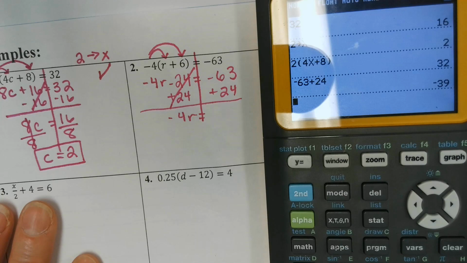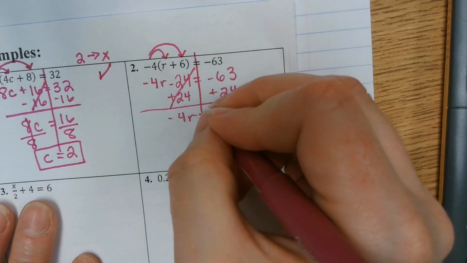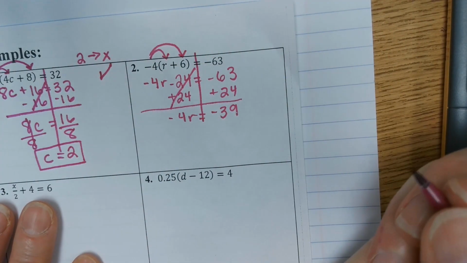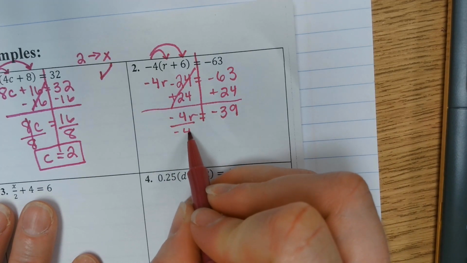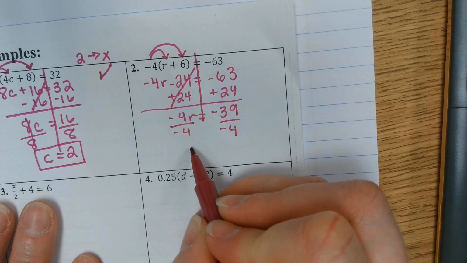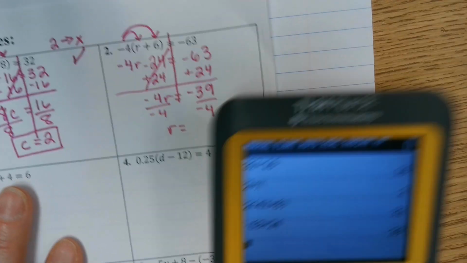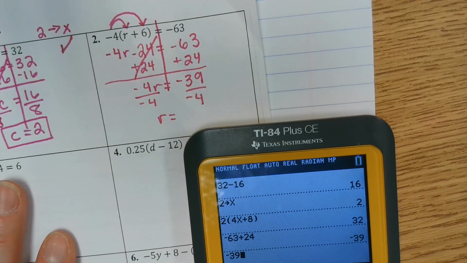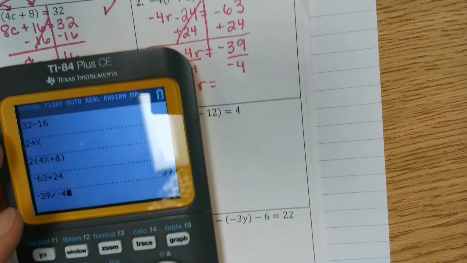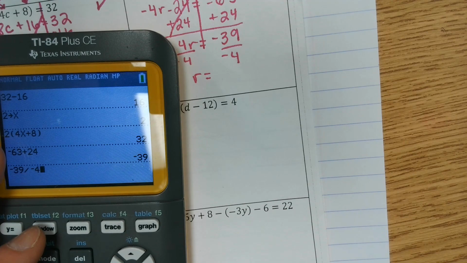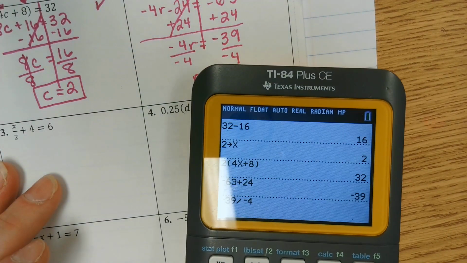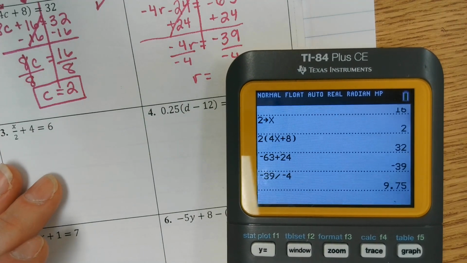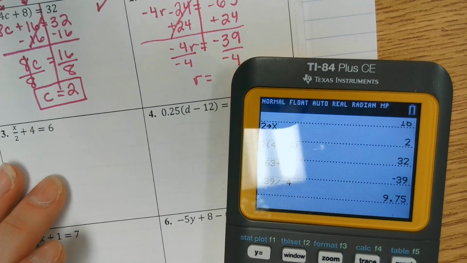Was it -39? Then last step, divide by -4. Don't forget your negative whenever you divide. -39 divided by -4. There we go. Positive 9.75.